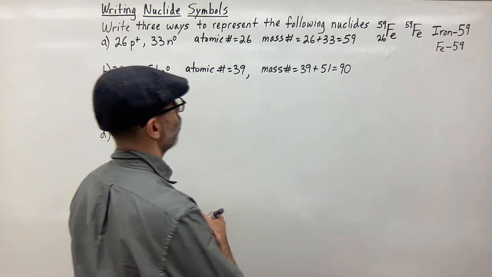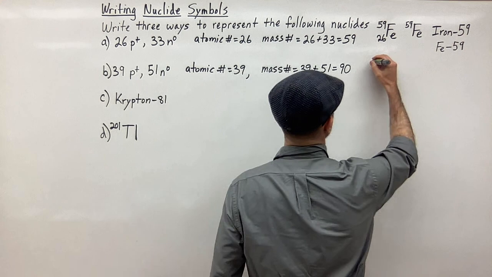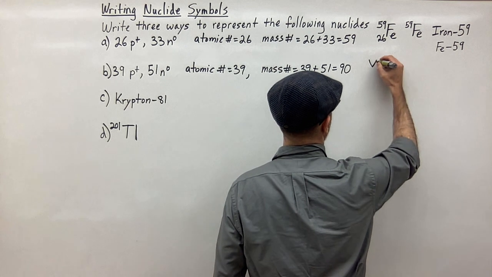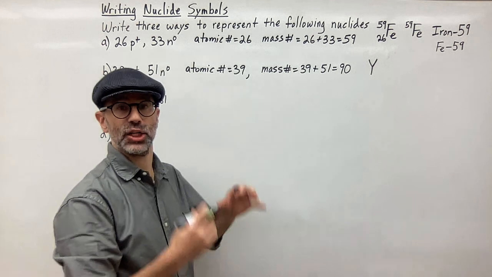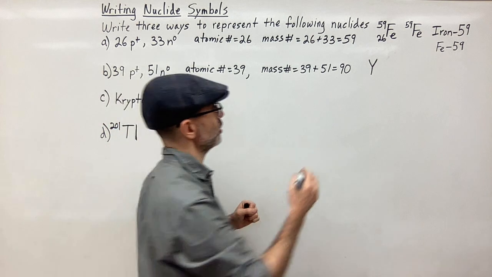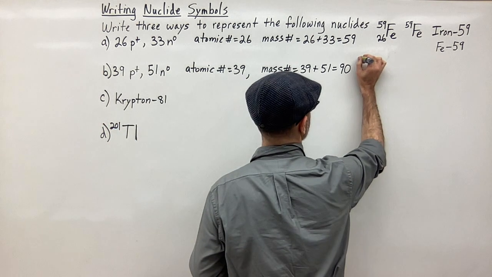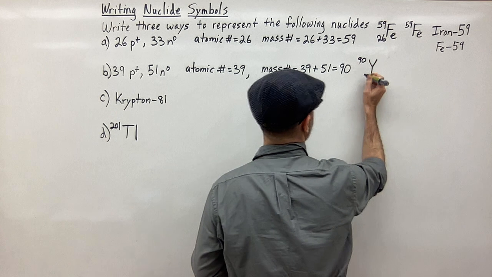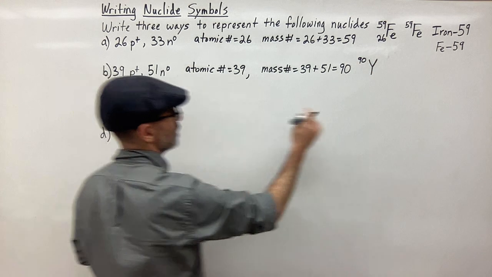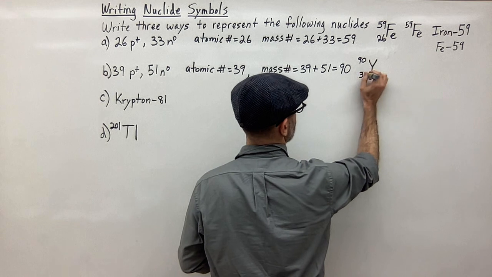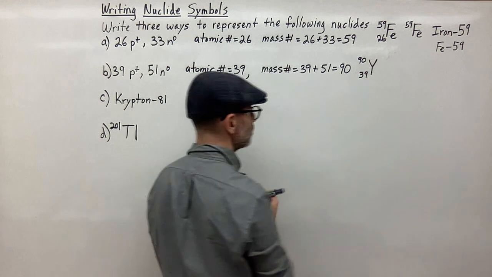So we're going to use the symbol Y. Okay, so here Y. And then the top number is the larger number. That's going to be the mass number. So we're going to have 90 there. And then the bottom left is going to be the atomic number. So that's 39.